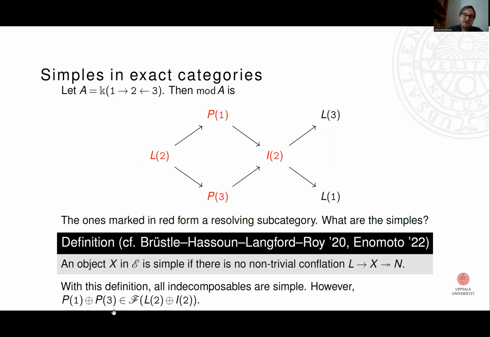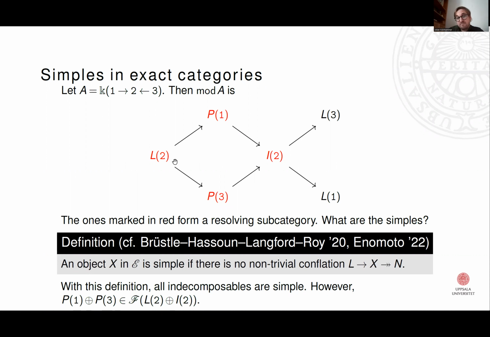Things are somehow not very nice. Another perspective would be that maybe P1 and P3 are not suitable. They're not really simple because they are in the additive closure of the filtration of L2 and I2. That's one other way to think about this.